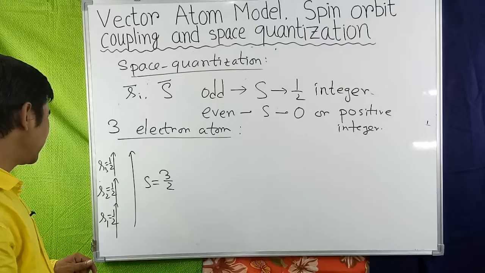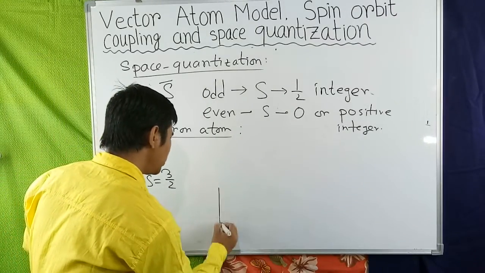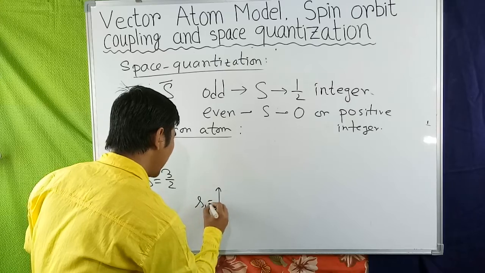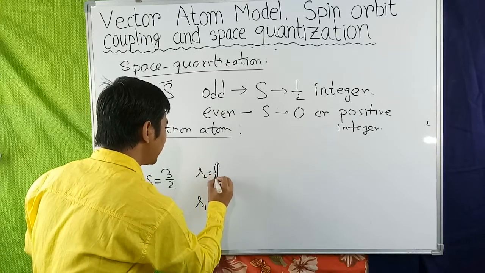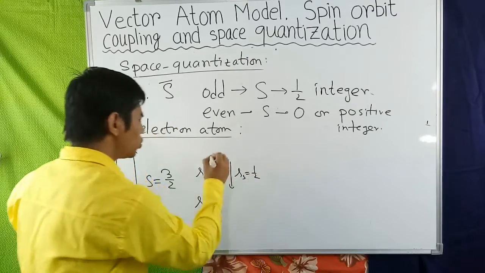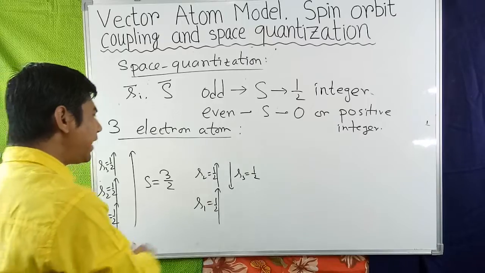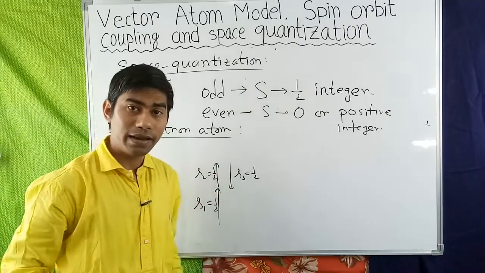Now another possibility to find S is, suppose this is S1 equals to half and this is S2 equals to half, and this is S3 equals to half. So here S1 and S2 are parallel, but S3 is anti-parallel.